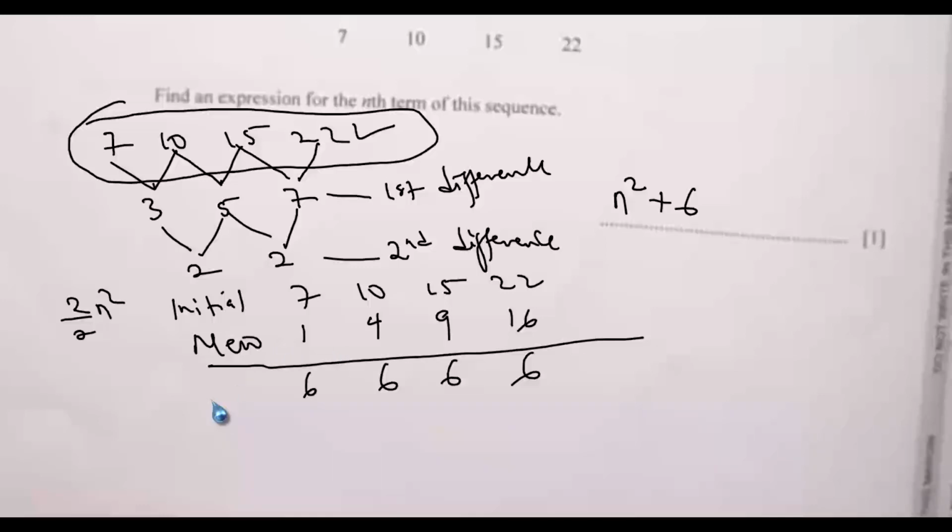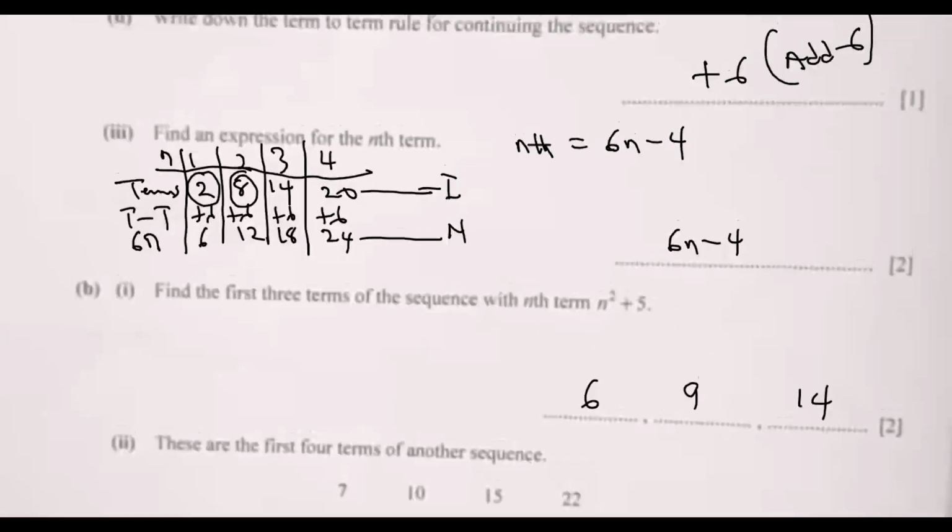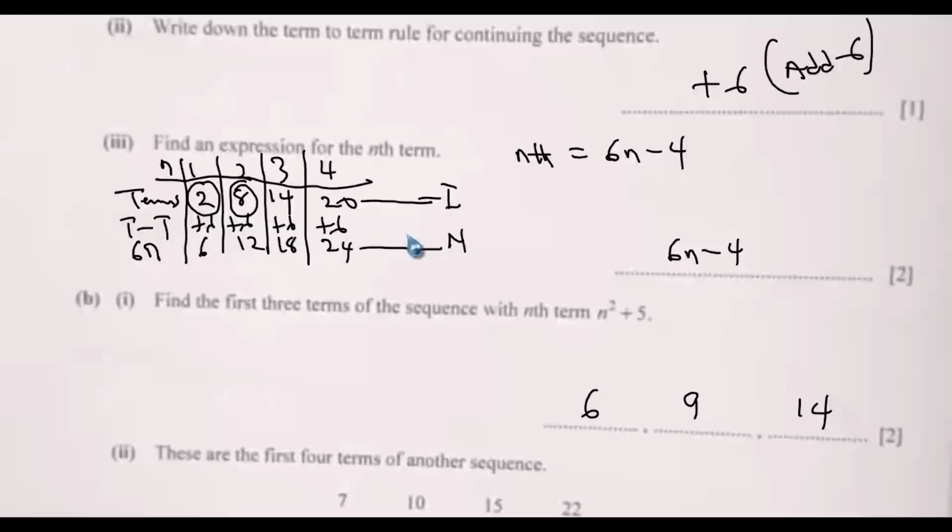Okay, but in case of other questions, if you subtract the new sequence from the initial sequence and you have another sequence, in this case, this must be a linear sequence. So you just repeat the same pattern to get your nth term. Just like what I did up here in Roman figure 3, you repeat the same thing.